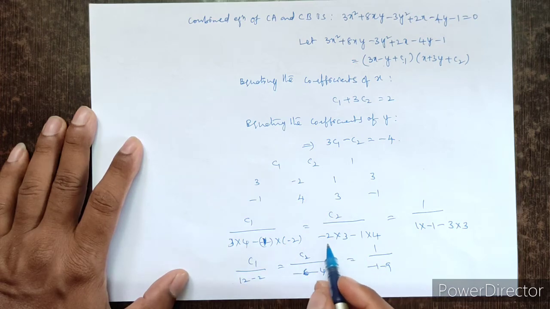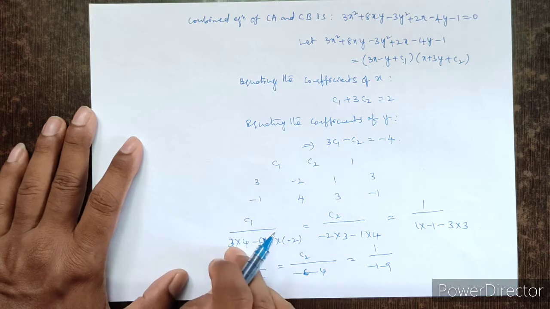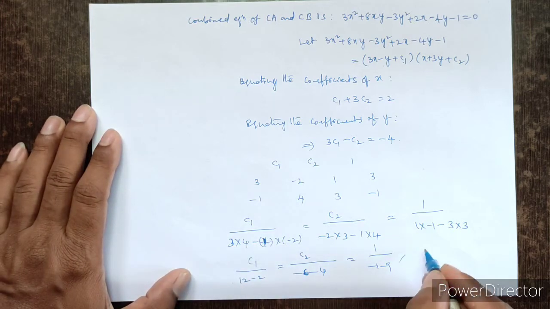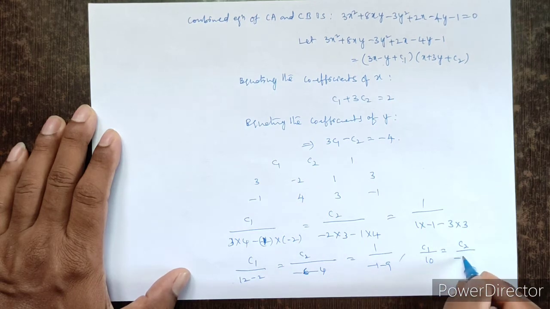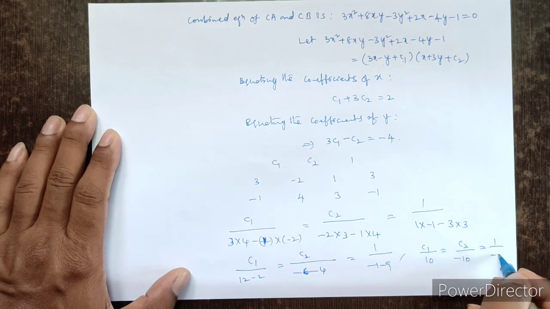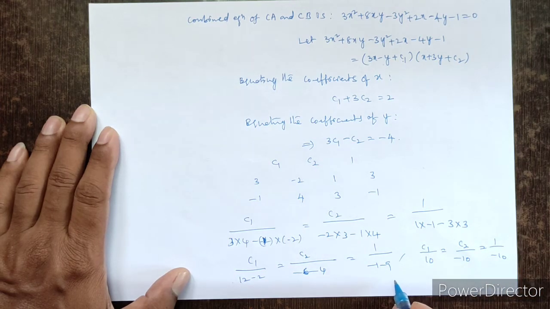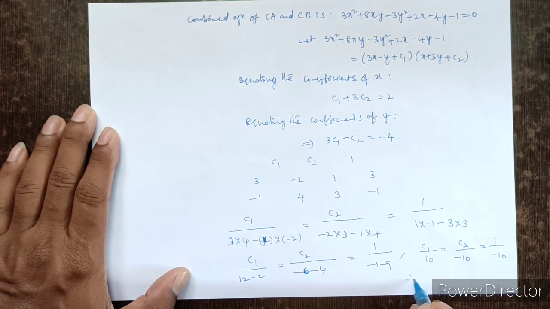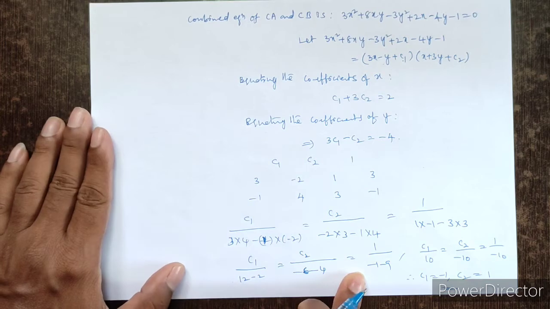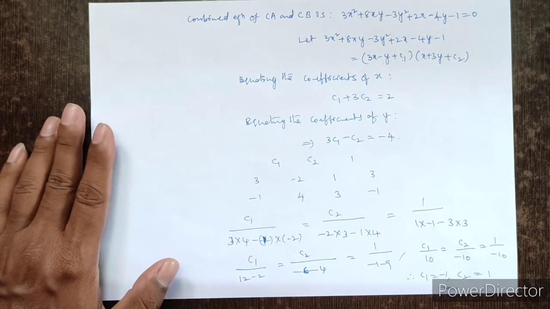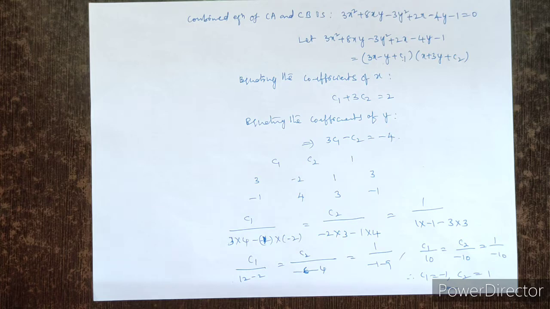So finally c1 by 10 equal to c2 by minus 10, equal to 1 by minus 10. Therefore c1 equal to 10 by minus 10, which is minus 1, and c2 equal to minus 10 by minus 10, which is 1. So c1 equal to minus 1, c2 equal to 1.